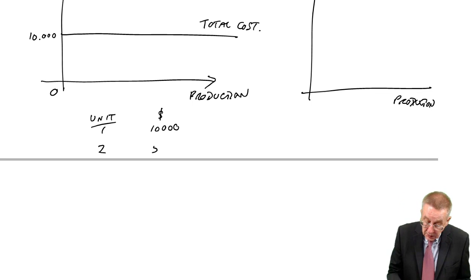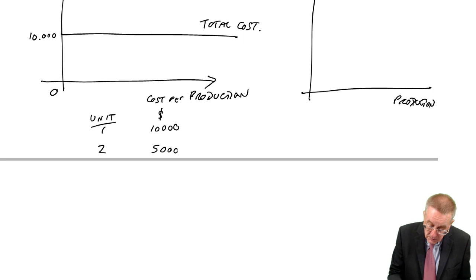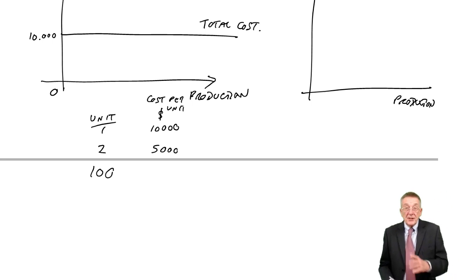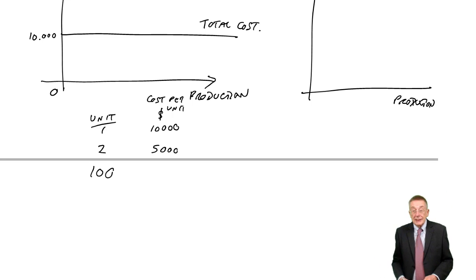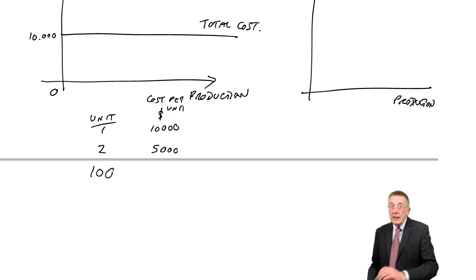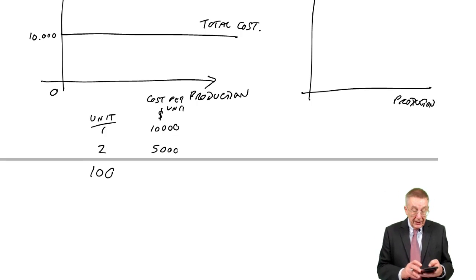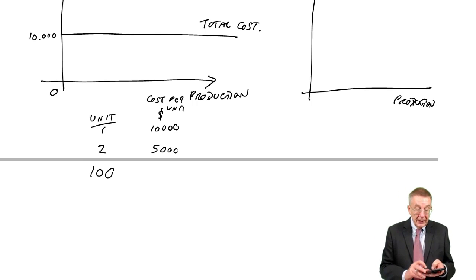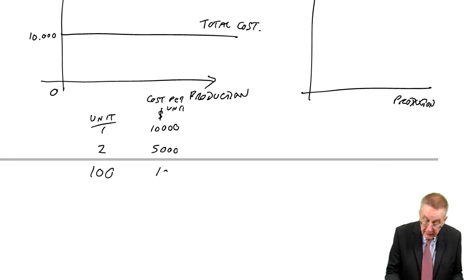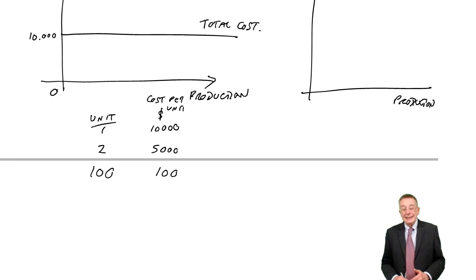If it's 10,000 in total, it's 5,000 each. What happens if I produced 100 units? I'm still paying 10,000 in total. But if I pay 10,000 and I produce 100 units, each one's then only costing 100.